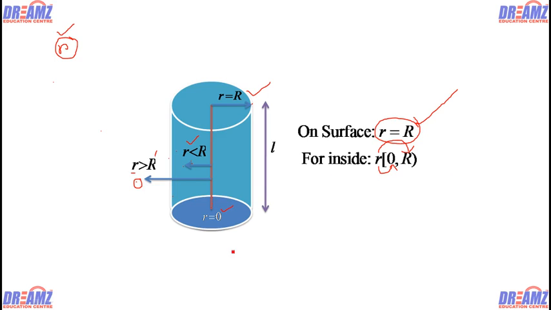And if it is outside, it starts from here and ends at infinity. So for outside, small r is between capital R and infinity. Again, small r is not equal to capital R, because then it would be on the surface.